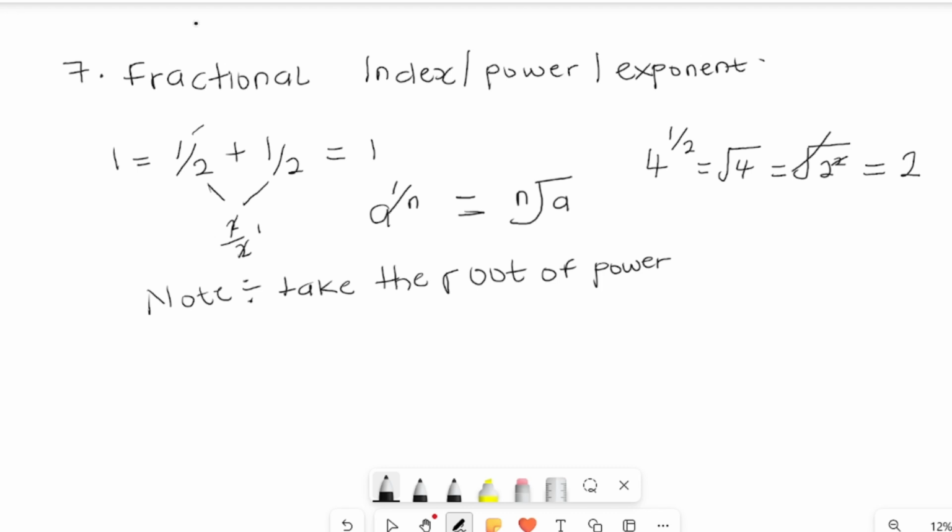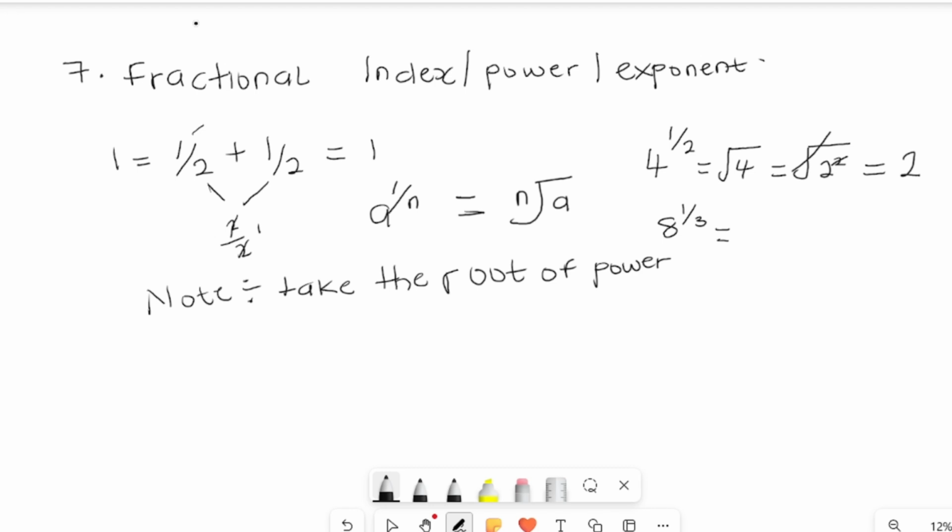Similarly, if we have 8 raised to power 1 over 3, for the fractional index or power or exponent law, whenever you see a power in fraction form, you simply take the root. The denominator determines the root. Since here we had 2, we did the square root.